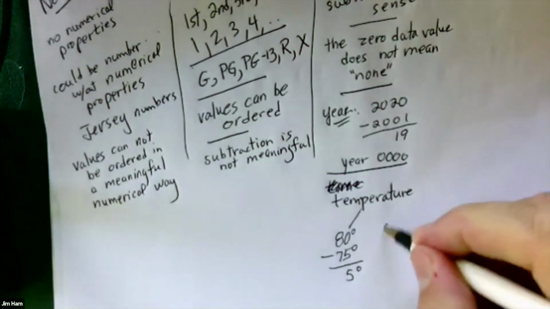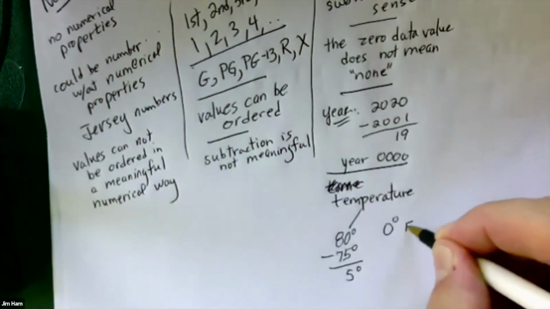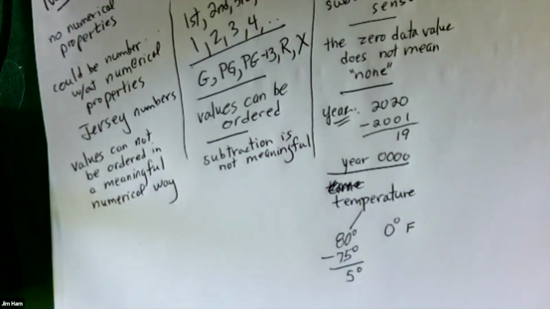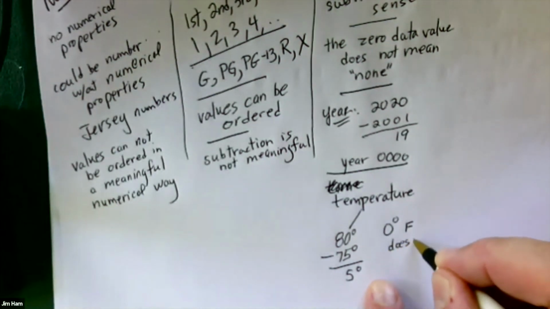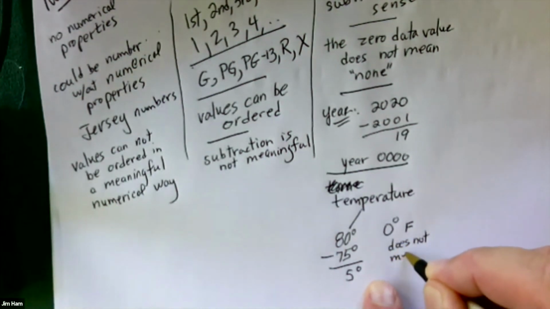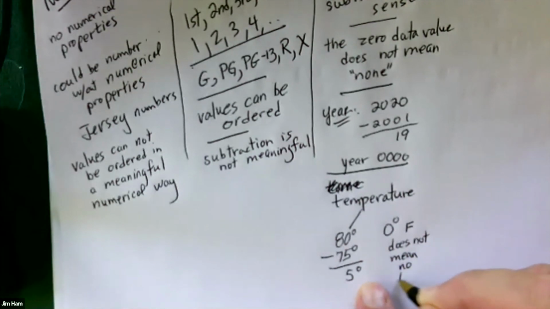But what if we had 0 degrees? Does that mean that there was no temperature? No, it just means it's cold, right? So 0 is not the starting first value. It's just in a range corresponding to the level of mercury. So it does not mean no temperature.